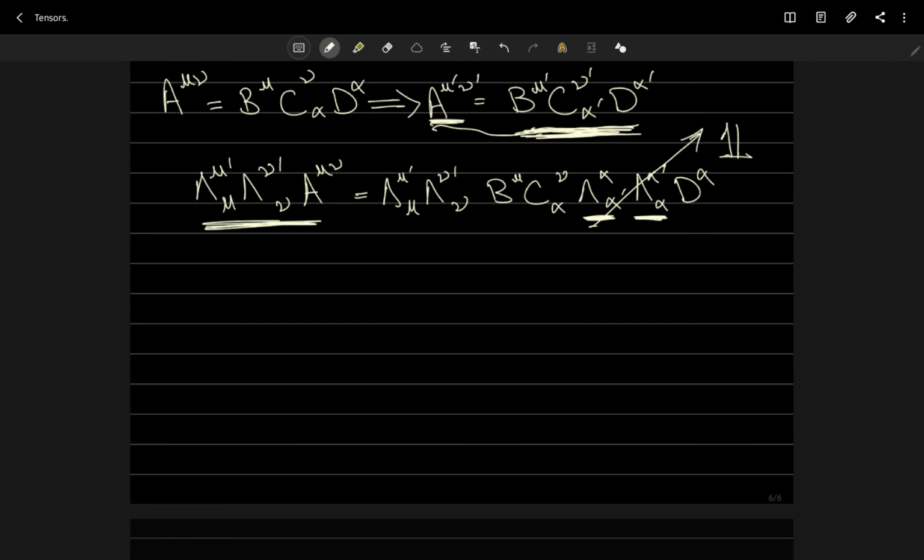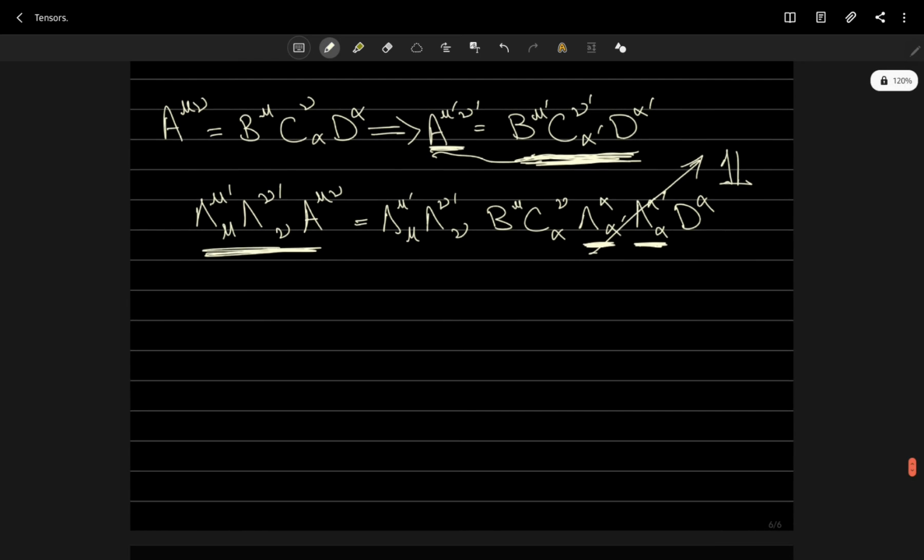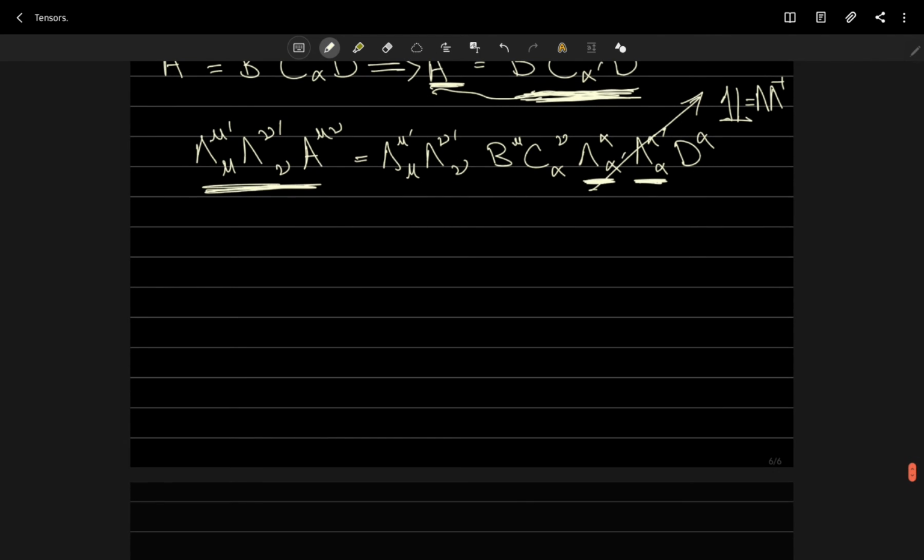So that is just the identity. So what this simply says is that you have lambda mu prime mu lambda nu prime nu on a tensor equal to lambda mu prime mu lambda nu prime nu on another tensor, in general.